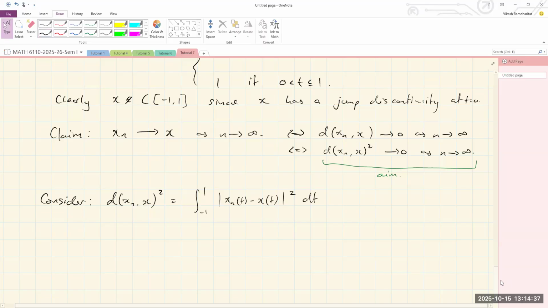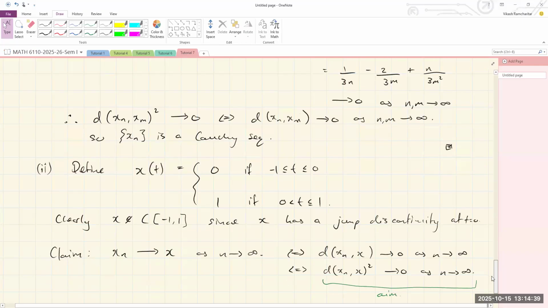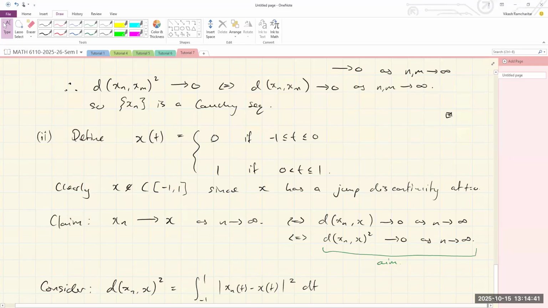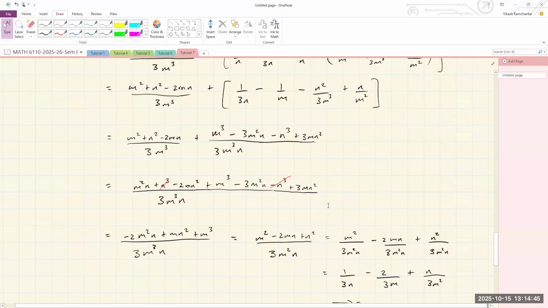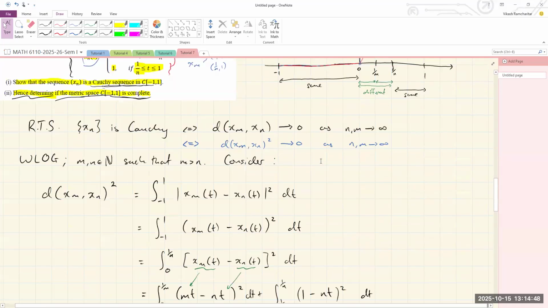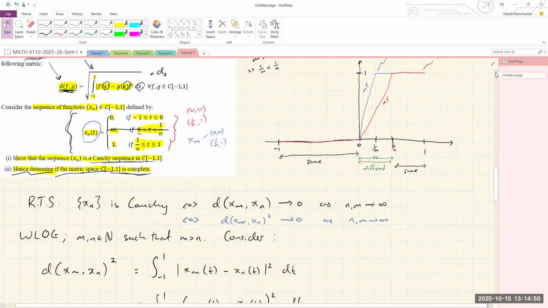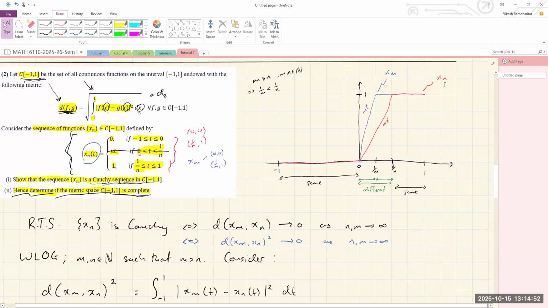And if I look at this limit function, it's 0 from -1 to 0, the same as xn. xn is 0 from -1 to 0, so no need to integrate from -1 to 0; I can instead just integrate from 0 to 1.